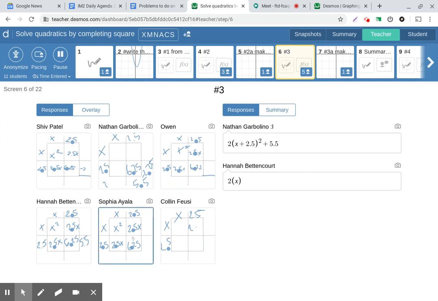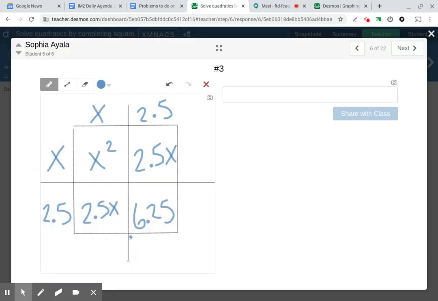Let's see, Sophia. Okay. All right, and I'm going to leave it off here on Sophia's, because these two have to add up to half of 7, right? Which is 3.5.